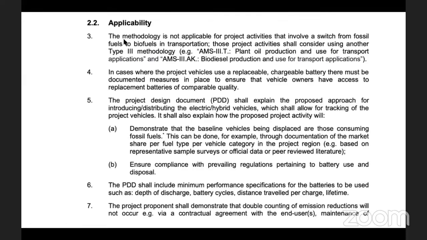The applicability、適用ですね。The methodology is not applicable for project activities that involve the switch from fossil fuel to biofuel. だからバイオフューエルのトランスポーテーションは範囲に入ってませんよと。Those project activities shall consider using another type 3 methodology. それは別のタイプだよと。このAMS3Tですね。Plant oil production and use for transportation applications, and AMS3AK biodiesel production and use for transport applications.